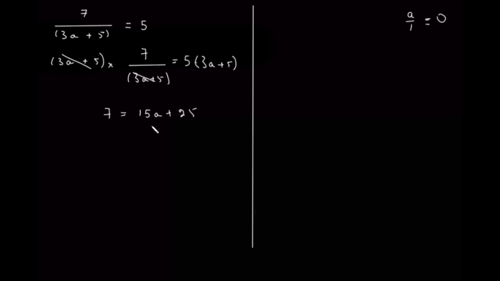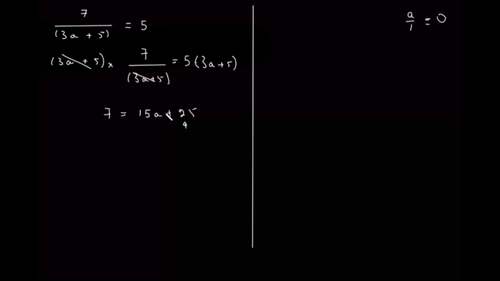Now we want to be able to isolate from this group here the A. So we want that part that has A in it on its own, which means we need to get rid of that. With addition or subtraction, we change it to 0.